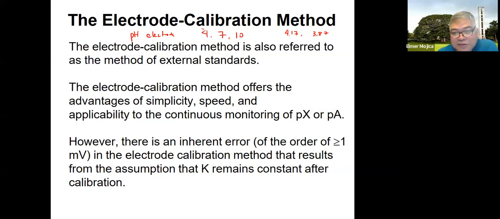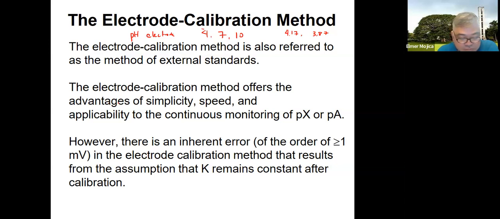One is that the accuracy of measurement obtained by this procedure is limited by the inherent uncertainty caused by the junction potential. And unfortunately, this uncertainty can never be what? Totally eliminated.